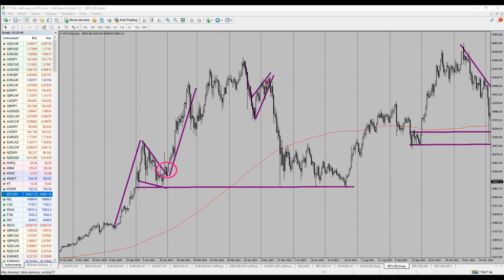And then it was possible to trade some retest of that formation quite a few times. Also, when I'm saying that sometimes structure is broken, you have to quickly do the opposite. You have to be prepared.